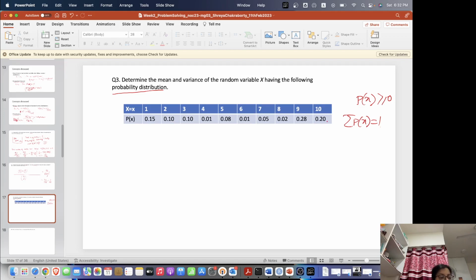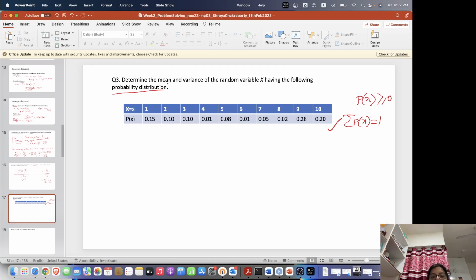Can someone please check if this adds up to 1? Yes, ma'am, it adds up to 1. There is no mistake in print. So then we can start.